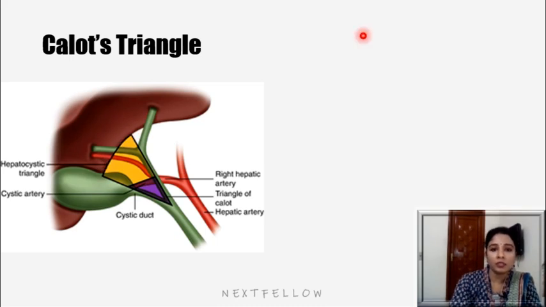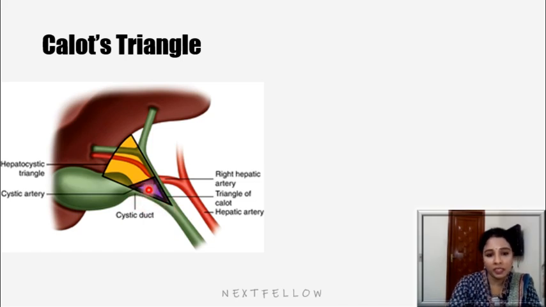These are the boundaries, but this is different from the original description of Calot's triangle. Actually, the Calot's triangle which was first described was this purple one alone.